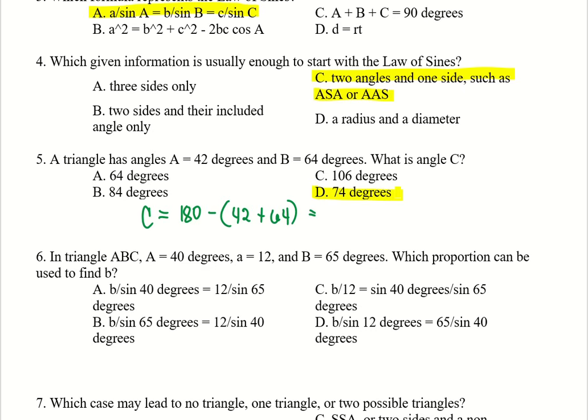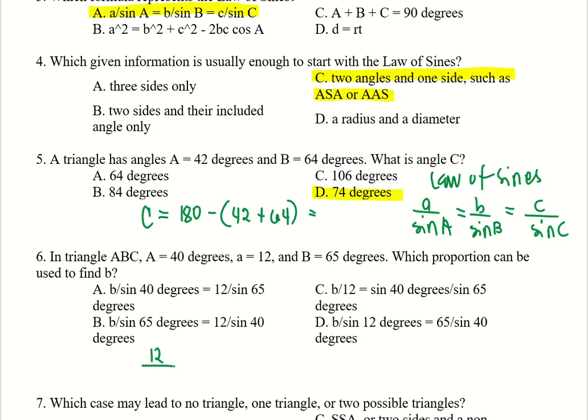Next, in triangle ABC, we have A that is 40 degrees, B that is 65 degrees, and a that is 12. Which proportion can be used to find b? For our law of sines, that is a over sine A equal to b over sine B equal to c over sine C. Given that we have a that is 12 over sine 40, and b over sine 65.